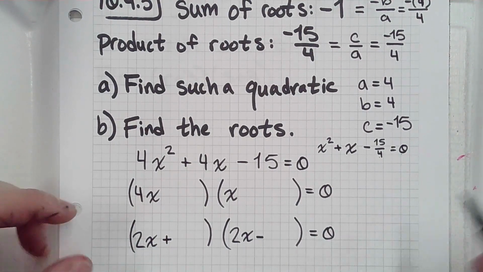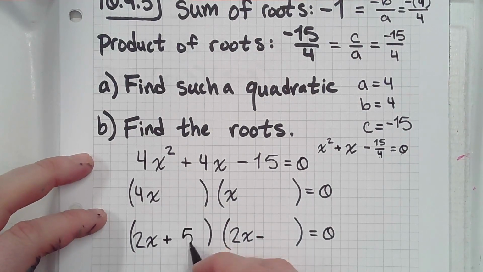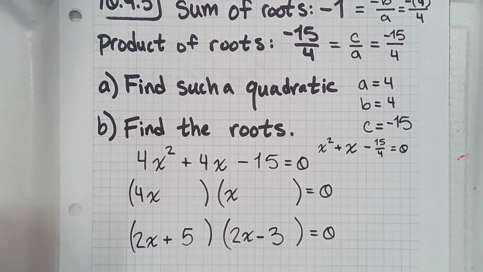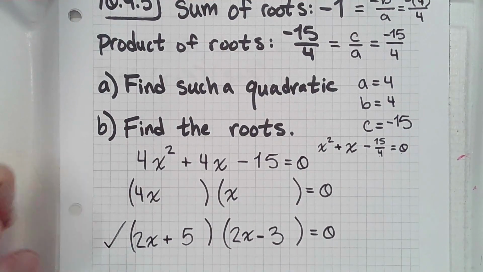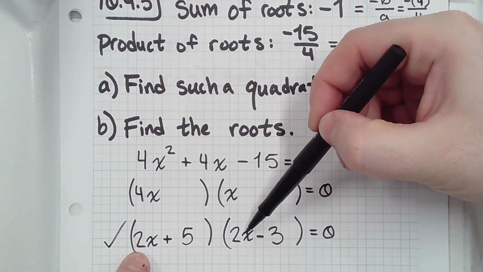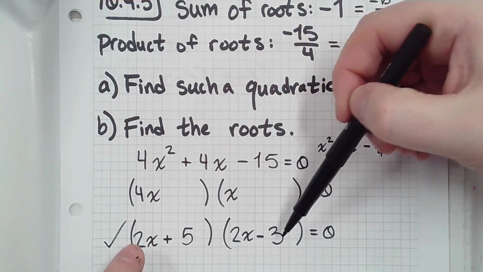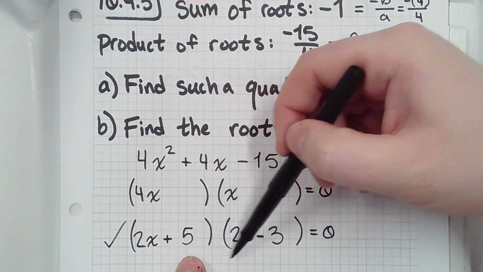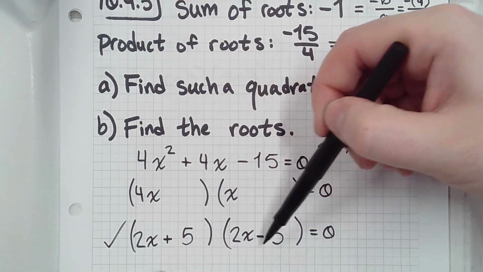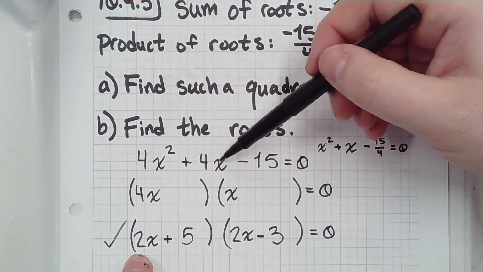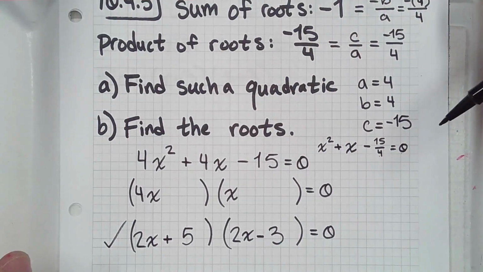If I do 5 positive and 3 negative, I think I win, right? Because 2x times 2x is 4x squared. 2x times -3 is -6x's. And here I get 10x's. So 10x's minus those 6x's does get us 4x. And of course, this gets us our -15.